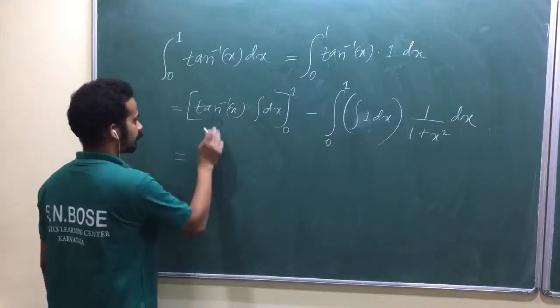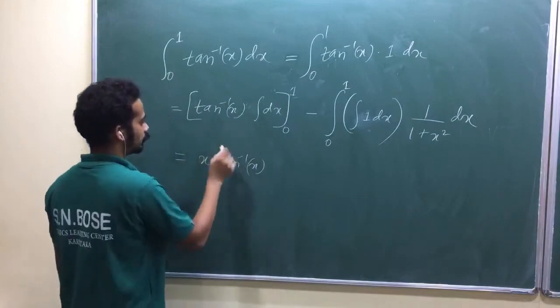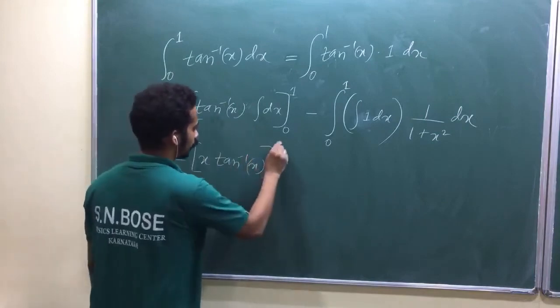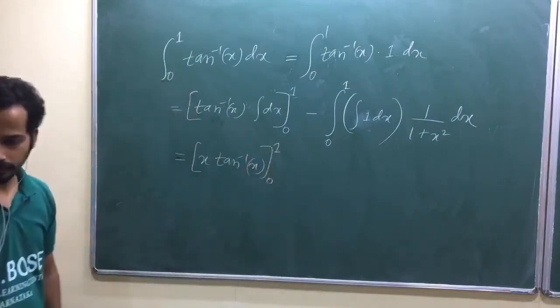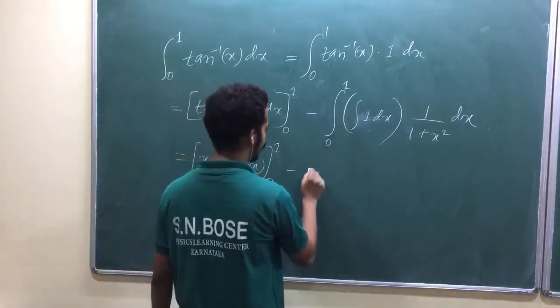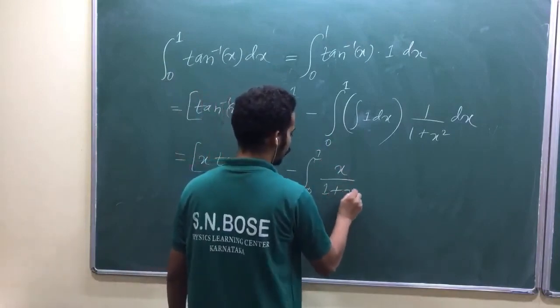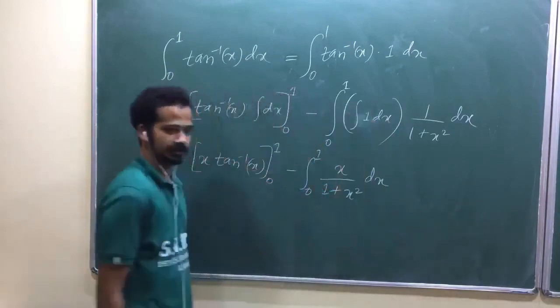So this is nothing but x into tan inverse x, running from 0 to 1, minus the integral from 0 to 1 of x divided by 1 plus x square dx. This is the best exercise.